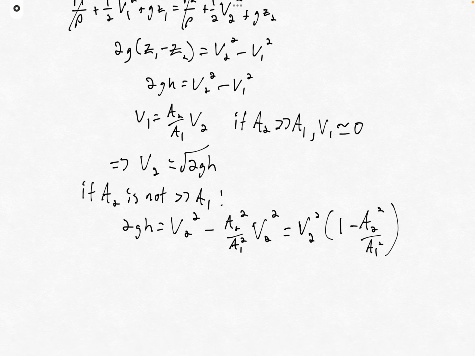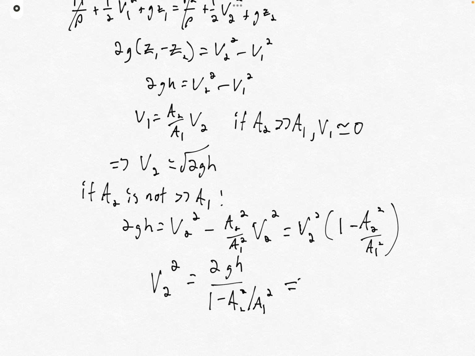And then in that case, we end up with the relationship that V2 squared is equal to 2gH over 1 minus A2 squared over A1 squared.